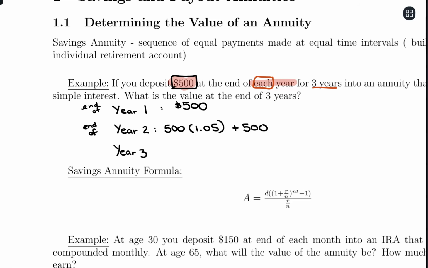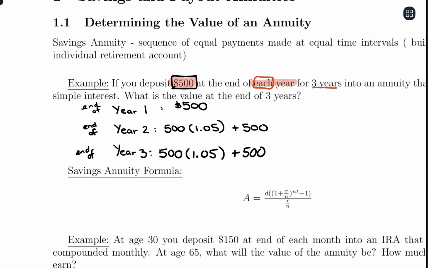Then what we're going to have at the end of year 3 is we'll have that $500 that we started with that grew by 1.05. Then from year 2, we added on $500, and all of that together has grown by 5%.